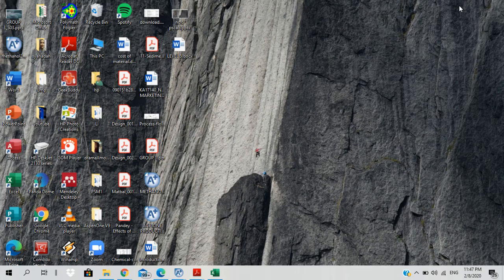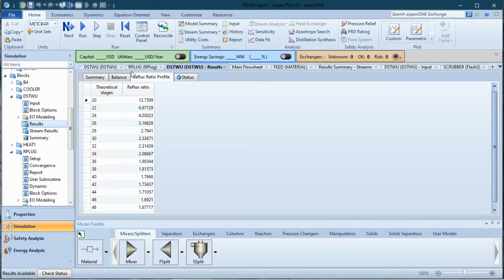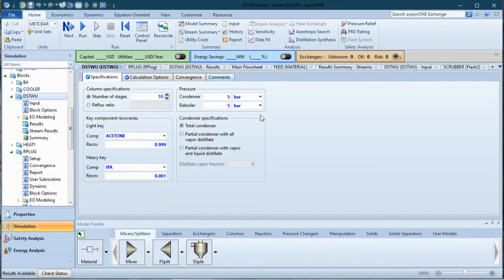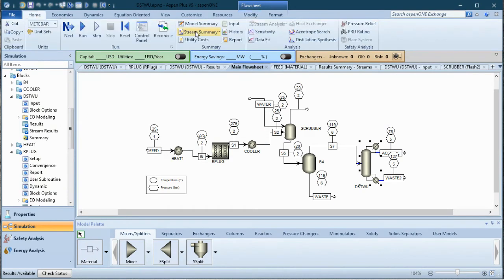And then the next question is to simulate the overall process without recycling to achieve the desired purity and capacity. This is just the same as the STWU without recycle. We already got the purity 99.9%. We go to the stream result.